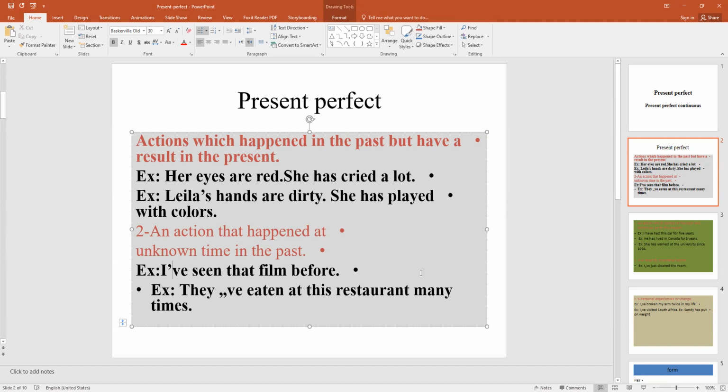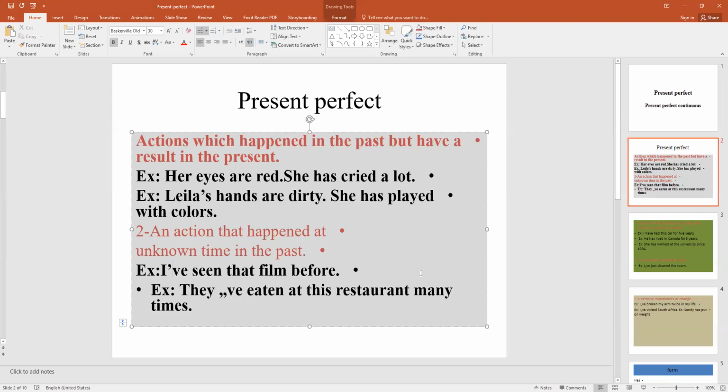Where is the result here? I need you guys to tell me where the result is. The result here is that Layla's hands are dirty. So what's the action? She has played with colors. I cannot say that she played with colors. Past simple? No. You cannot use past simple while you have a result in front of your eyes. You use present perfect tense.